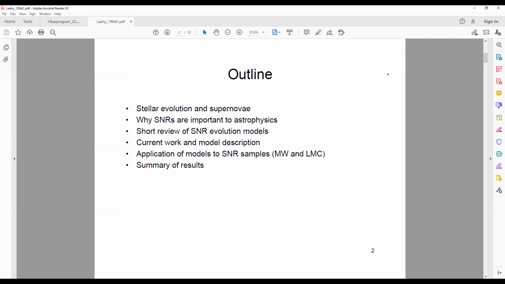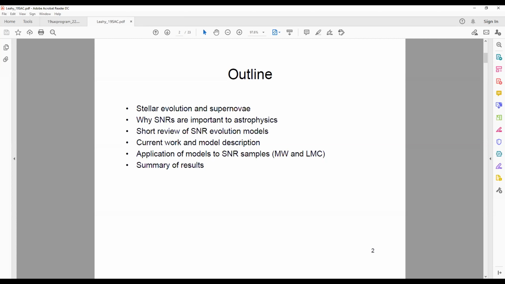Okay, so I'll give a brief introduction to supernovae and supernova remnants. I'm sure everybody's familiar with this, but just to put things in context, and then go into a review of what's commonly used, or the historical background of evolution models, and then describe what I've been doing in the past 5 years up until now.